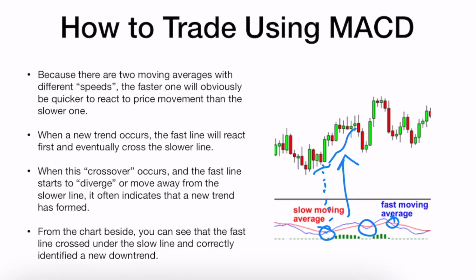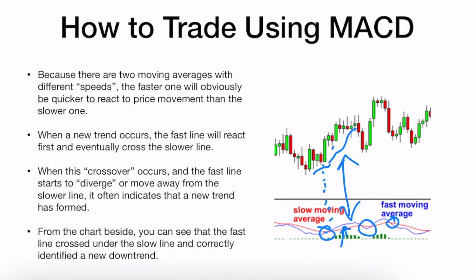So this basically shows us that a new trend is going to happen and the price is going to rise eventually, so you can maybe buy at this point. The blue line indicates the faster moving average, so it's going to tell you about the new trends, whereas the slow moving average is used to make note of the older trend so that we can compare the two of them and find out the newer trend.